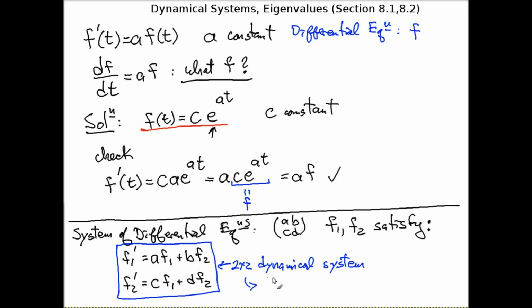Or, in other words, it's a 2x2 system of differential equations. And f1 and f2 are linked, so this really is a linear algebra problem, and we're going to spend a fair amount of time talking about this kind of equation.